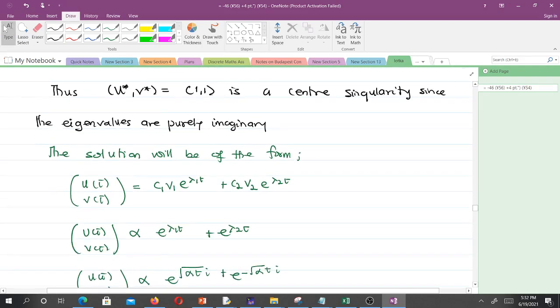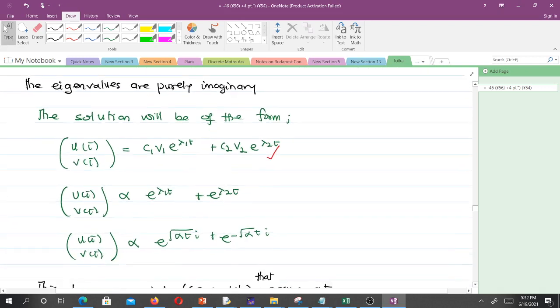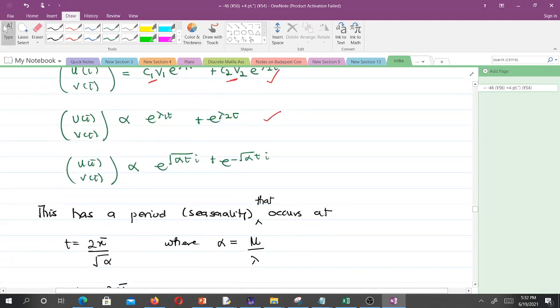So when we are solving a system of ordinary differential equations, the solution is always of this form. You can see that when you bring the proportionality here, our c1 v1 and c2 v2 go away, and our lambda 1 and lambda 2 are now root of alpha i and minus root of alpha i, right?